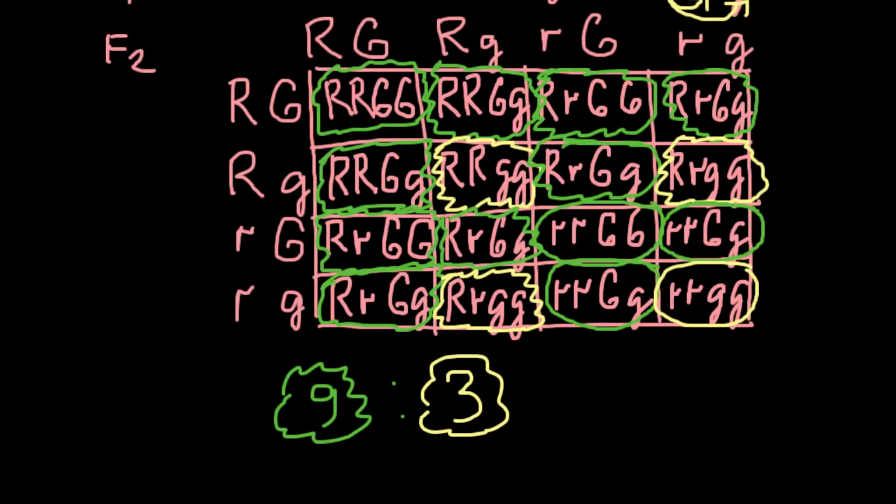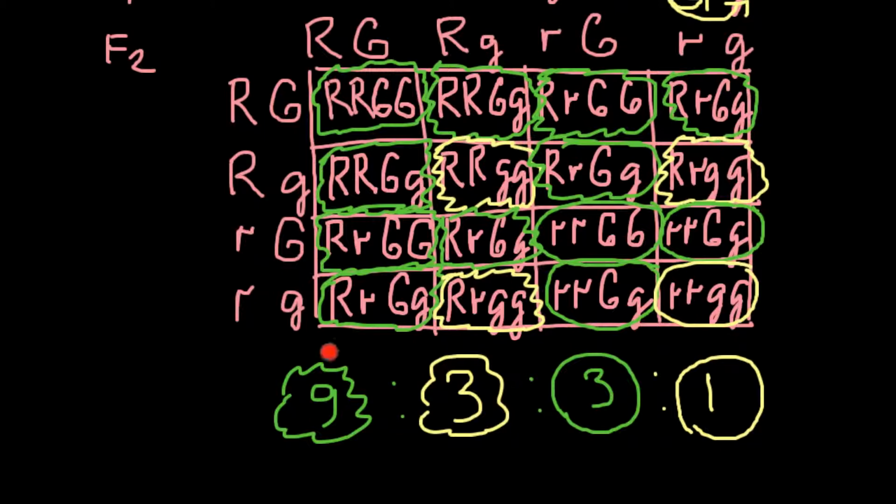The other phenotype would be green and round. We have 1, 2, and 3. So 3 green and round. And the last phenotype, as you see here, would be yellow and round. So we have only one such phenotype in our table, yellow and round. So as you see, our ratio would be 9 to 3 to 3 to 1.